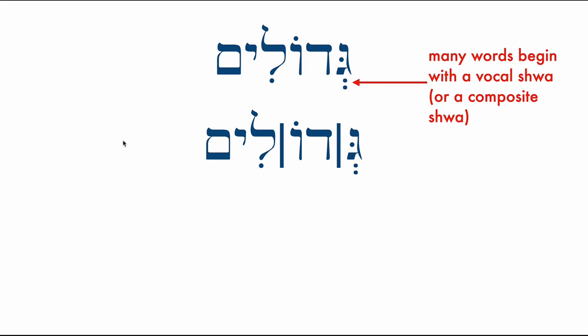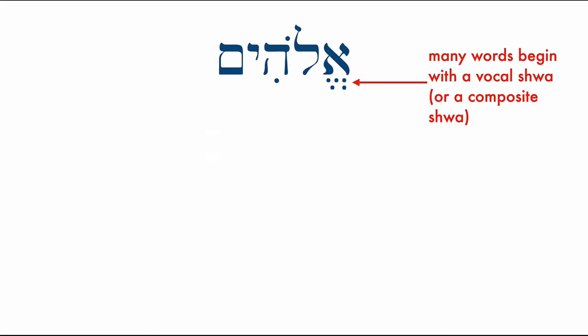Let's see another word with a similar pattern. Aha. Now we have a shwa and a segol. So this is going to be the smallest segol, the smallest E sound we can make. Aleph makes no sound at all. So I'm just going to begin to open my mouth and then say this sound. Eh. I'm done.